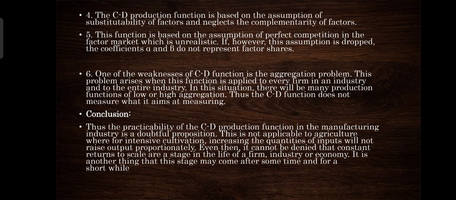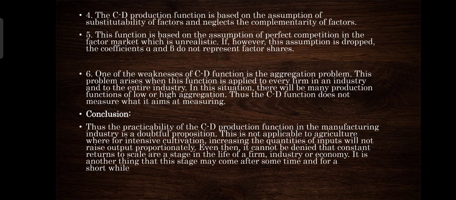Okay, then one of the weaknesses of the Cobb Douglas production function is the aggregation problem. This problem arises when this function is applied to every firm in an industry and to the entire industry.